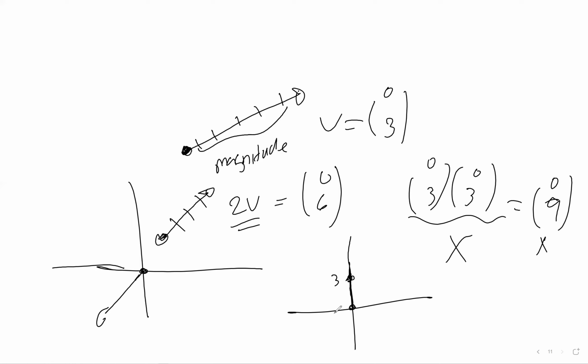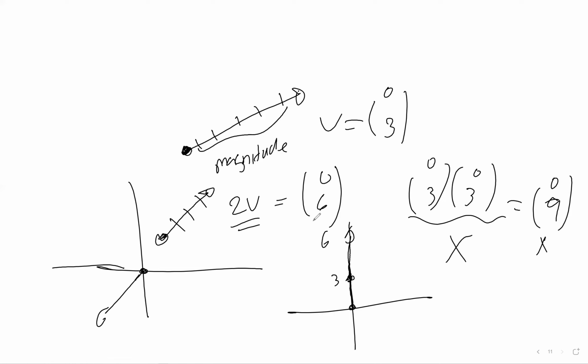So this is a vector that is going in the same direction. But the only thing is that this vector is now twice as large. So it's just extended. So now it's 0 and 6. So that's what you need to do.